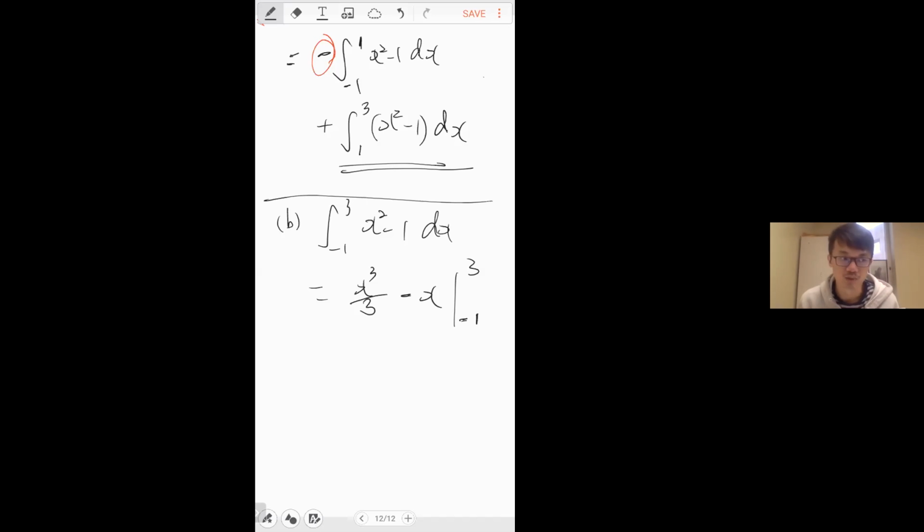If x squared minus 1 is your velocity, this is the displacement from -1 to 3. Is it okay? Questions?